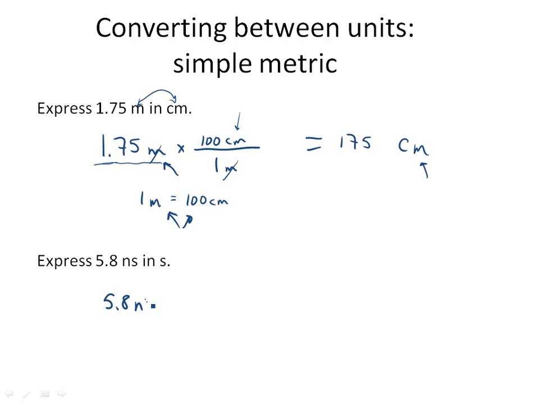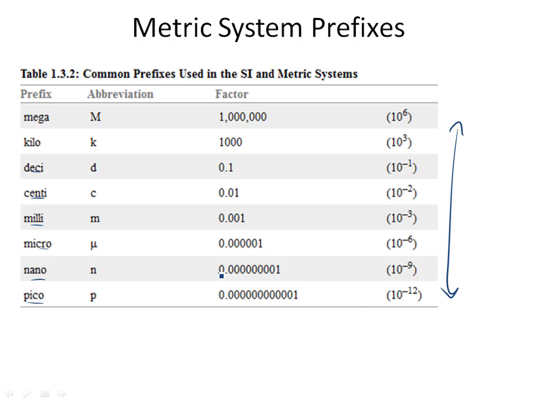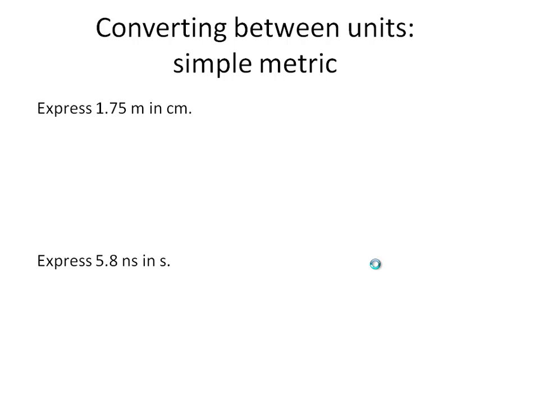5.8 nanoseconds, that's what we really know. We're going to put an equal sign over here, and we want to get seconds. In case you don't remember the conversion for nano, it's 10 to the minus ninth, or 10 to the ninth nanoseconds in 1 second, or 10 to the minus 9 seconds in 1 nanosecond.